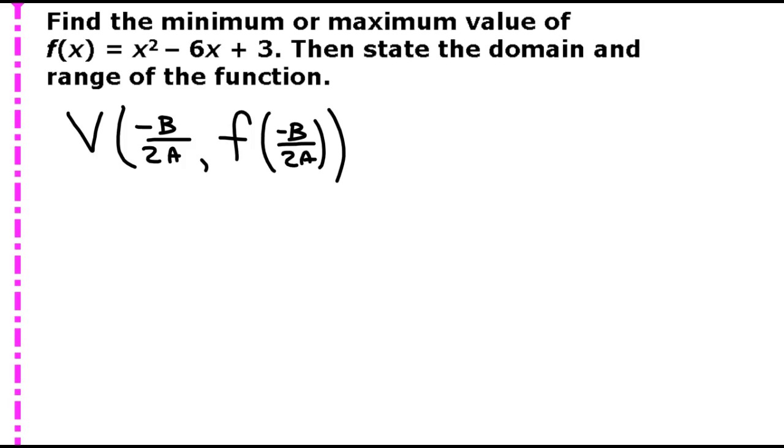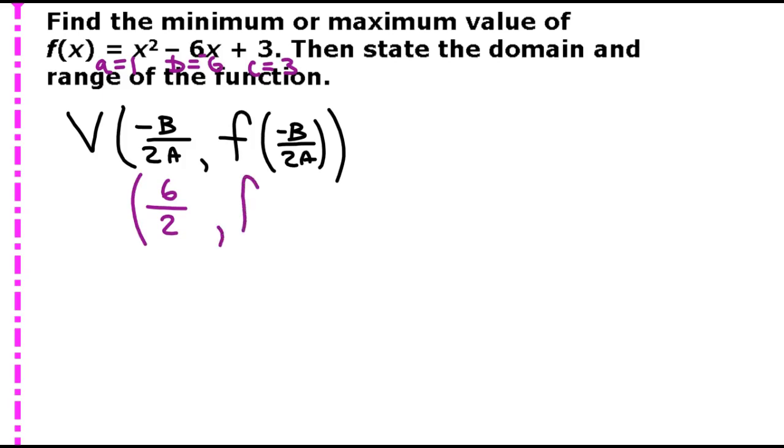If we rattle off our a, b, and c, in this case a is 1, b is -6, and c is 3. So the opposite of -6 is +6 divided by 2 times a, which is 2.